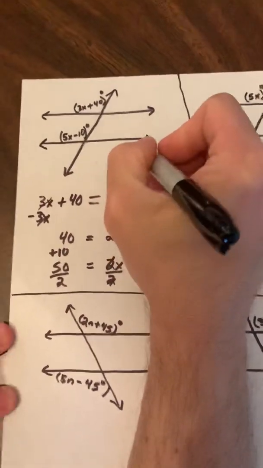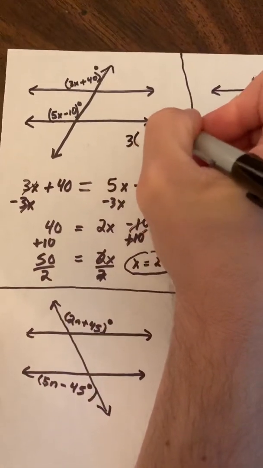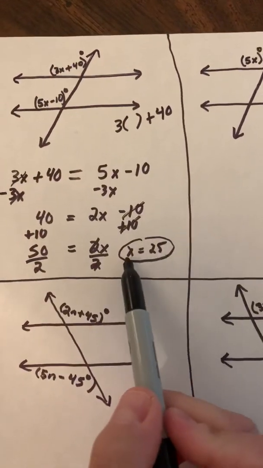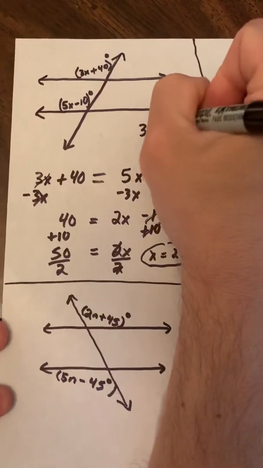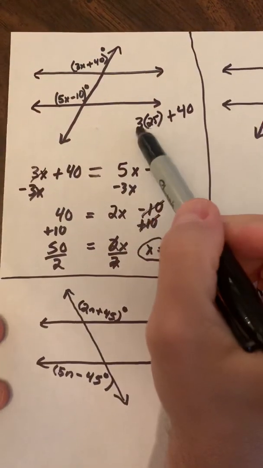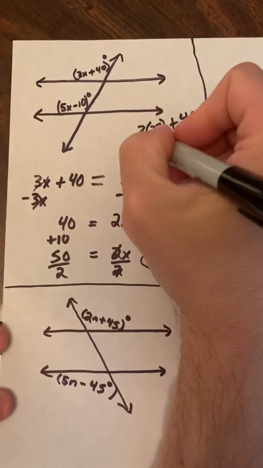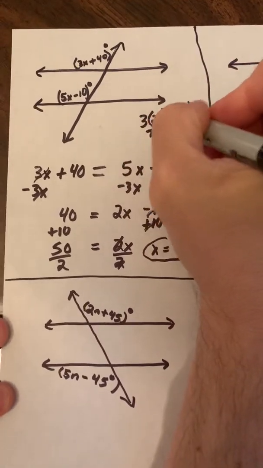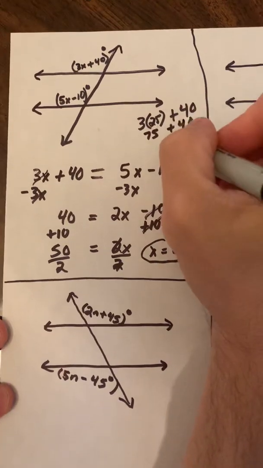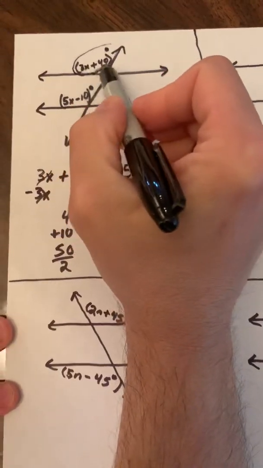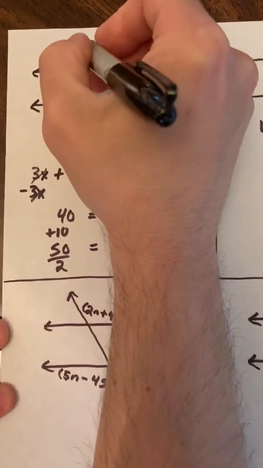I'm going to replace the x with 25, so I'm going to do 3 times 25 plus 40. 3 times 25 is 75, plus 40, using some mental math, is 115, okay? So this angle up here is 115 degrees, all right?